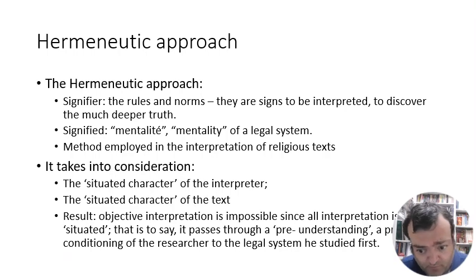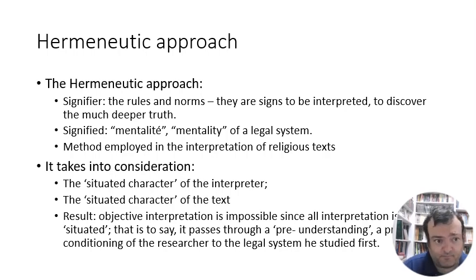So according to Pierre Legrand, a comparatist should interpret the signifiers, meaning the rules and the norms, which are considered as a surface thing, to understand and to discover the much deeper knowledge, which is the mentality of a legal system. So it takes into consideration the situated character of the interpreter and the situated character of the text. Now the result is that objective interpretation is impossible.